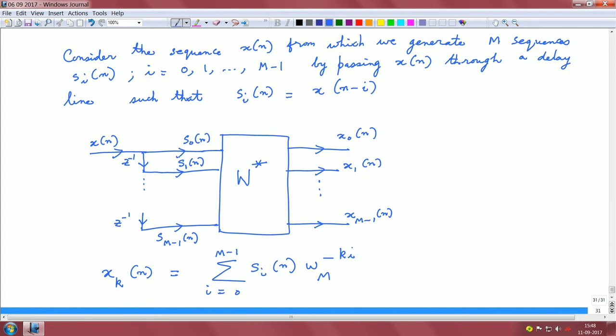So basically we are linking a signal here with the input signals that we have before this filter bank.